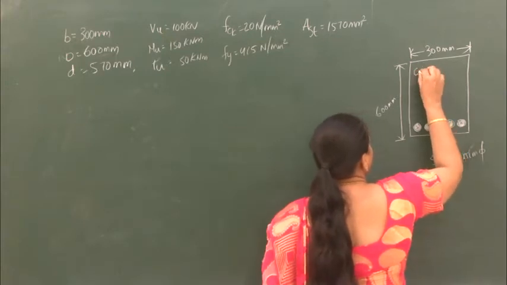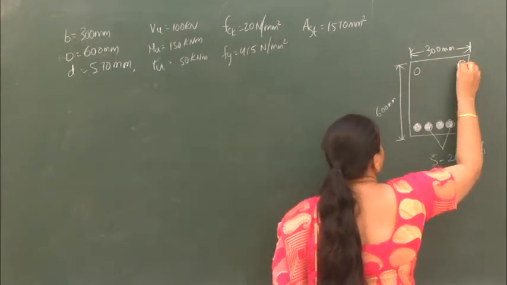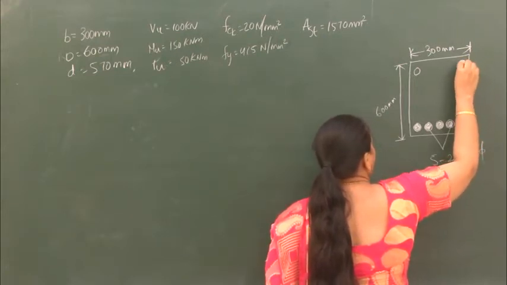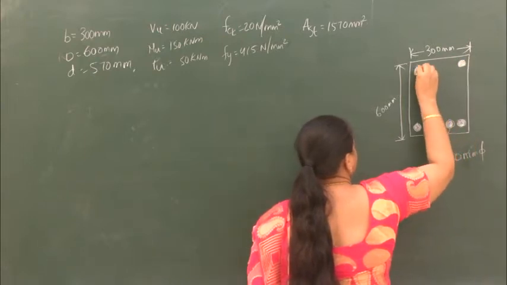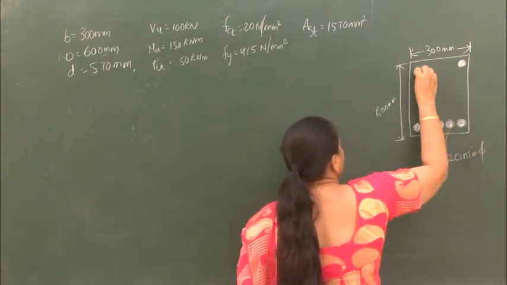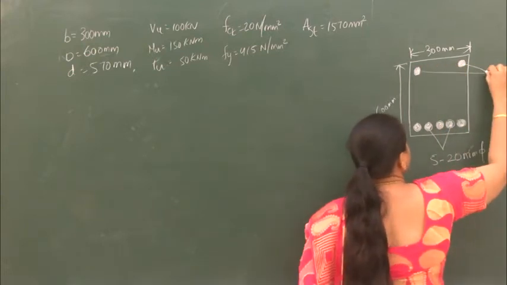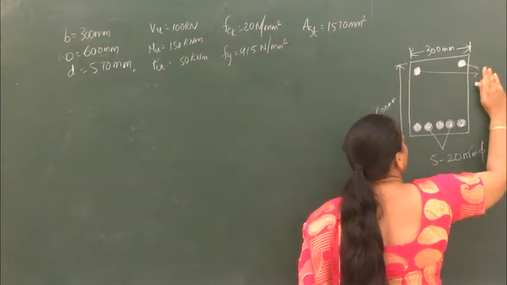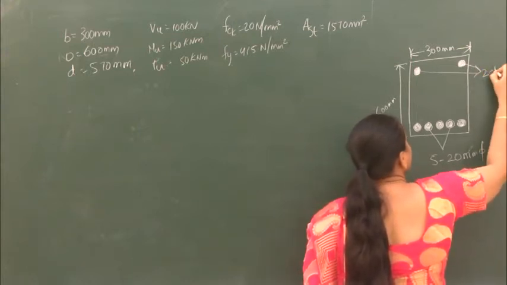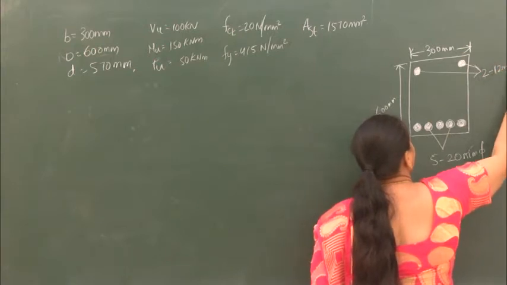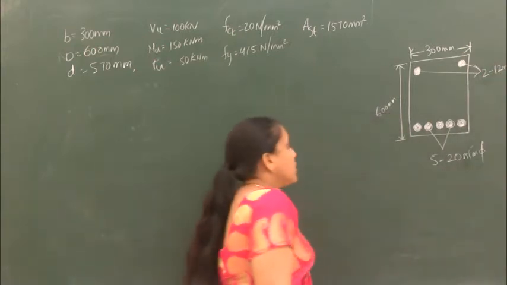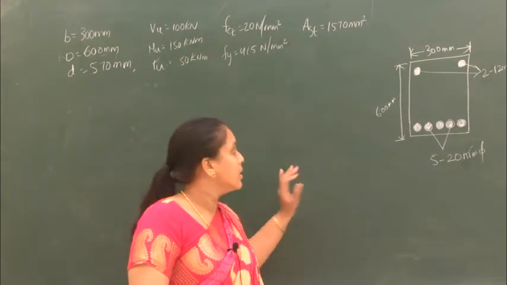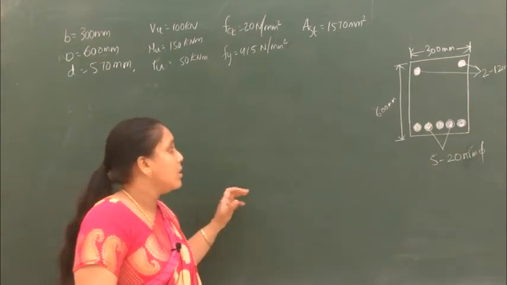So here we are providing 2 bars, one on each corner. And what is the dia of these bars? It is 12 mm, 2 bars. So this is what we have designed for the longitudinal reinforcement.